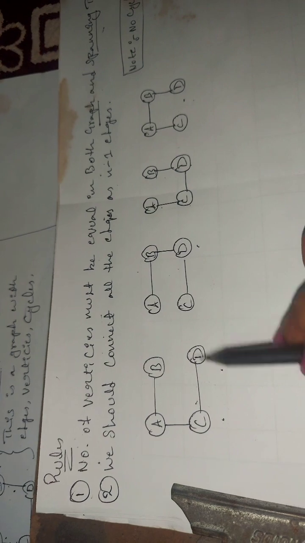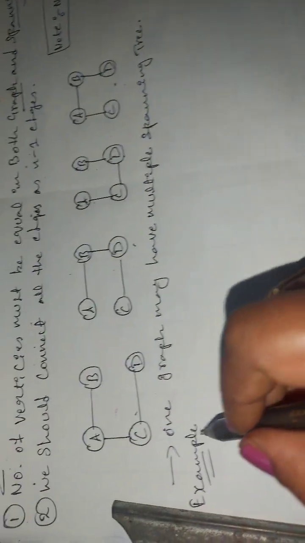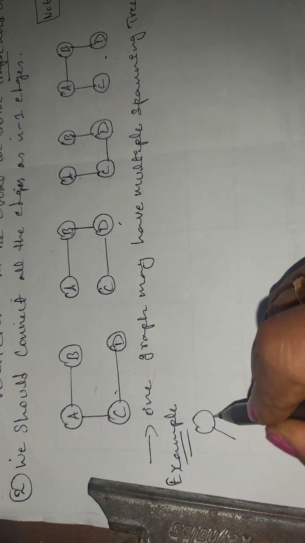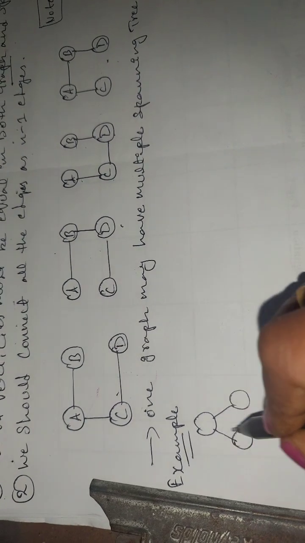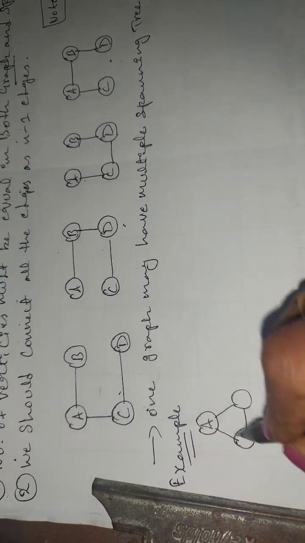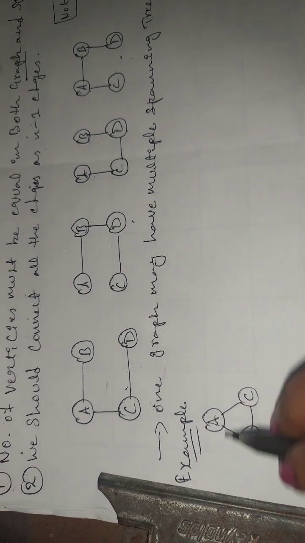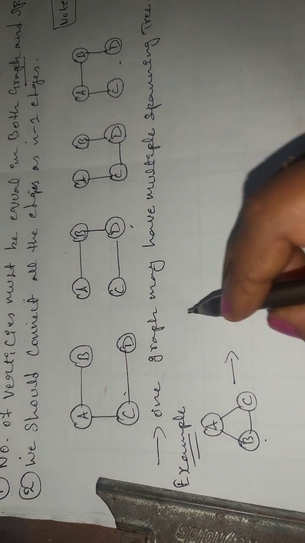Okay students, here I am giving another example. See, this is in a rectangle way: A, B, C. This is a graph. How can we convert it into a spanning tree?